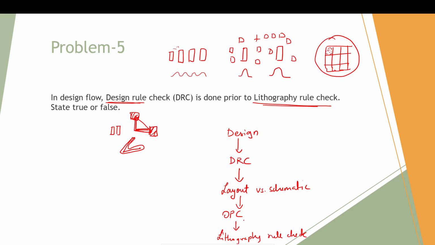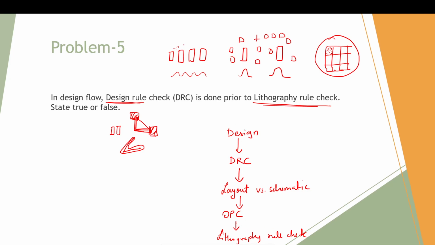So that is optical proximity correction, and after that we need to check if everything is equally dense. All those checks are done in the lithography rule check. Basically, they have a process model that they run on a computer.